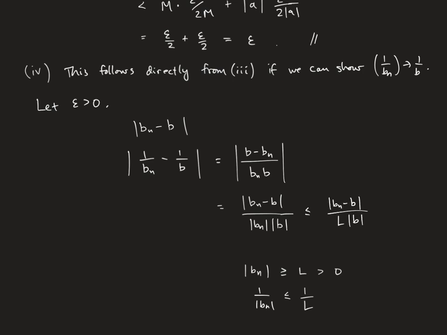And then I could make that less than epsilon as long as I made the bn minus b's less than epsilon times L times absolute value of b. Okay, so the essential point is to show that we can put a lower bound, L, on the bn's.